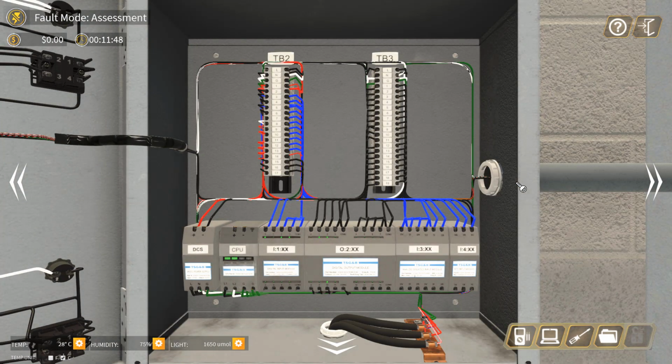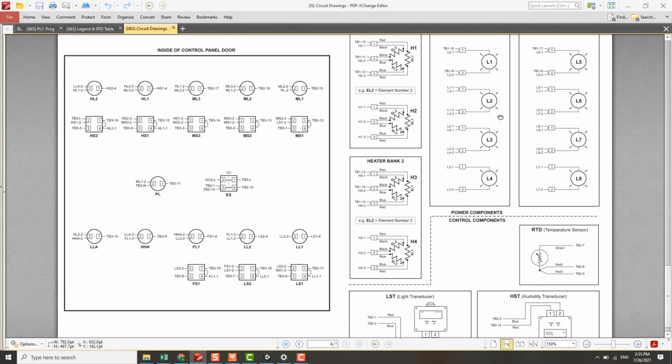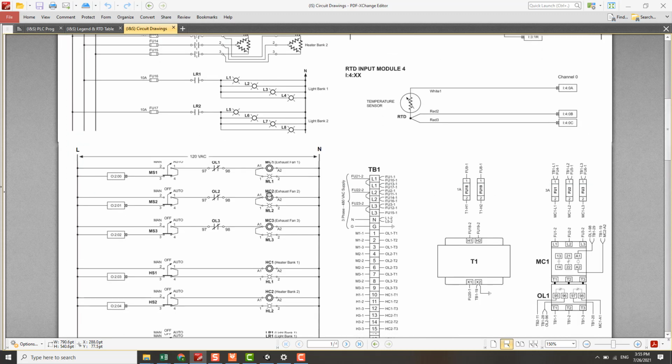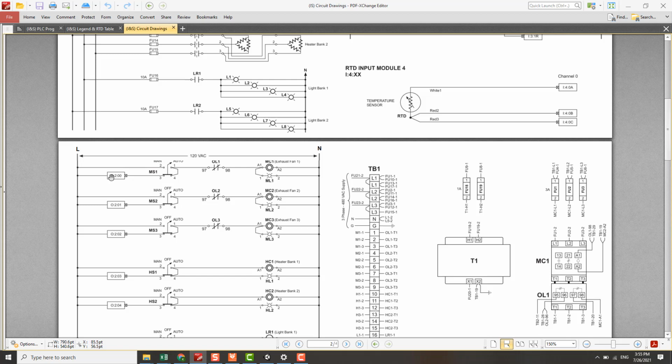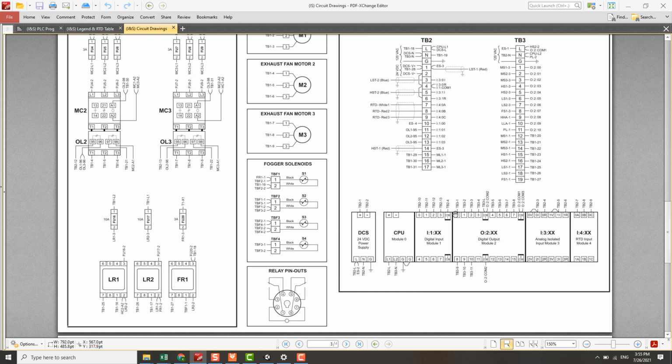Okay, as I say, first thing first, we try to monitor the LED status of the PLC input and output. Okay, as we know here, this is PLC output switch module 2 channel 0, which is from TB31 here.